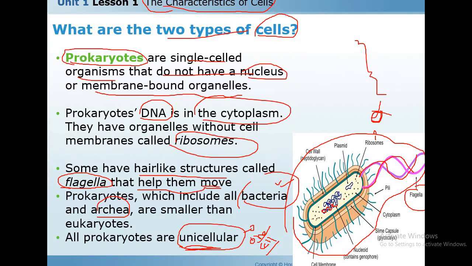Cytoplasm is a fluid inside the cell. And prokaryotes have organelles without a cell membrane. The black dots are called ribosomes.